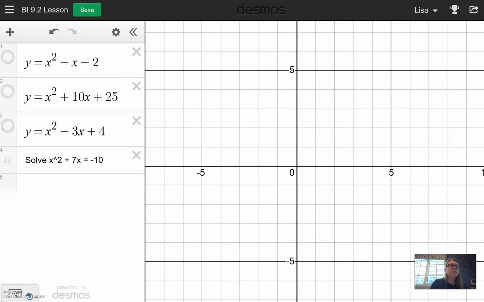So back to 9.2 specifically, again, this lesson is about solving quadratic equations using graphing. If I was going to solve an equation that said, say, 0 equals this function here, I would solve it using graphing, where we find the zeros of the equation, or the x-intercepts, or the roots, or the solutions to the equation.